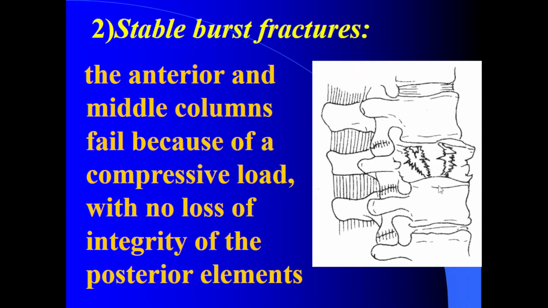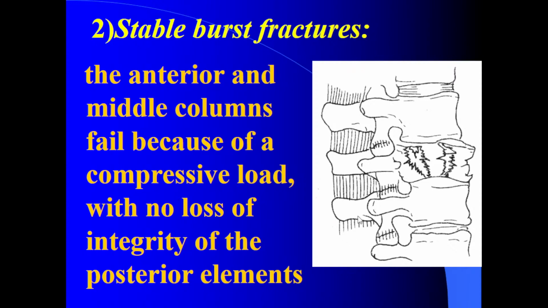On the X-ray you will see a comminuted fracture of the vertebral body, and we call it a stable burst fracture because in this injury the posterior supporting complex is still intact: the facet joints, arches of the vertebrae, and the interspinous and supraspinous ligaments.